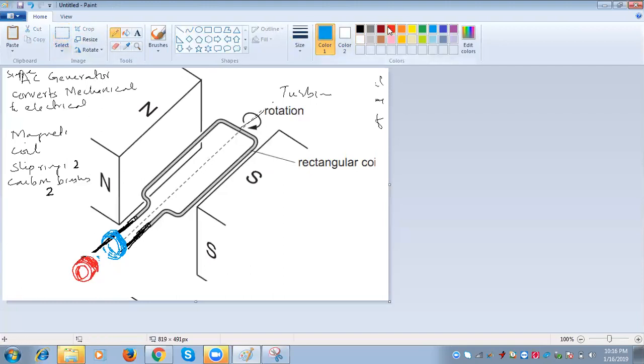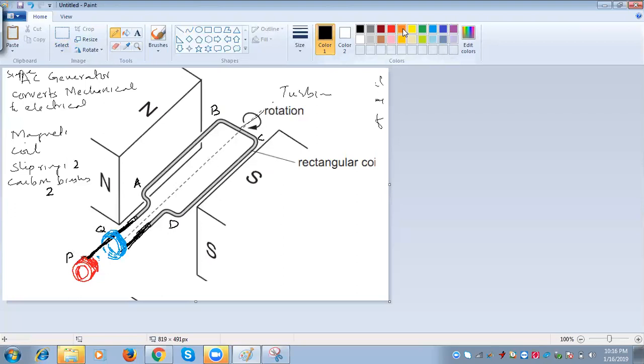Mine sizes are a little bit different here, but they will be the same size. And there will be two carbon brushes. Suppose this is side A, this is side B, C and D. AB is attached to the red ring, you may call it ring X or ring P. And CD is attached to ring Q.